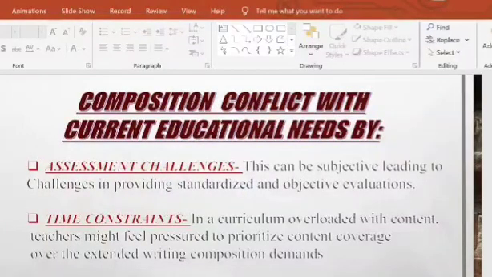Number three, assessment challenges. This can be subjective, leading to challenges in providing standardized and objective evaluations. Number four, time constraints. In a curriculum overloaded with content, teachers might feel pressure to prioritize content coverage over the extended writing composition demands.